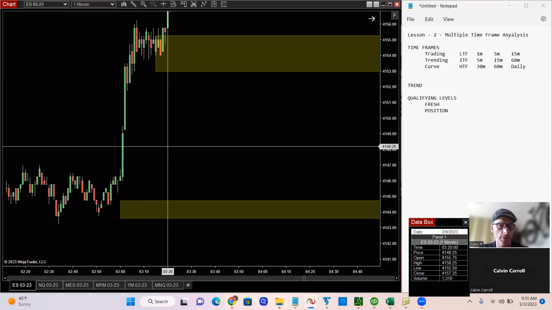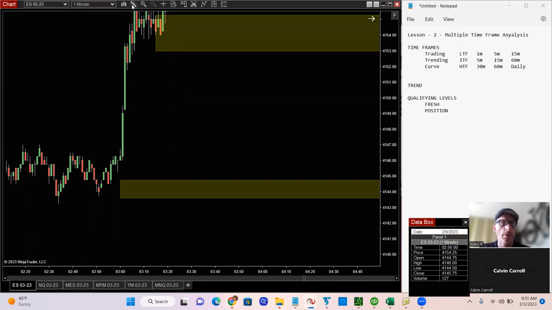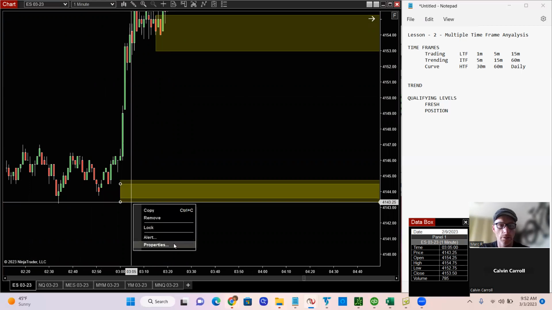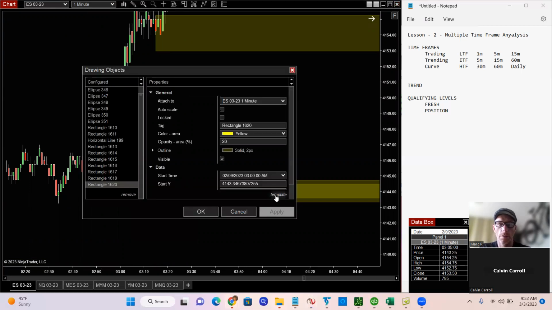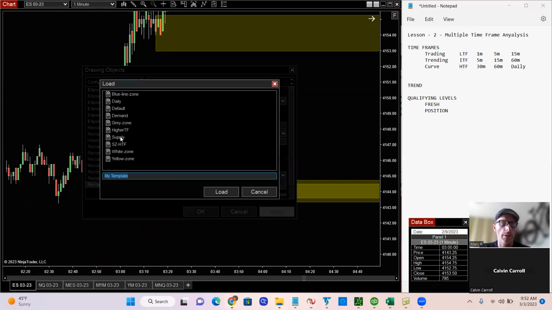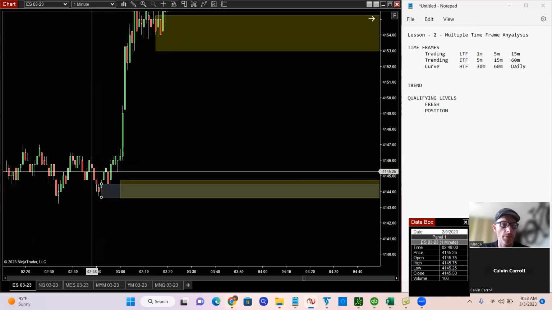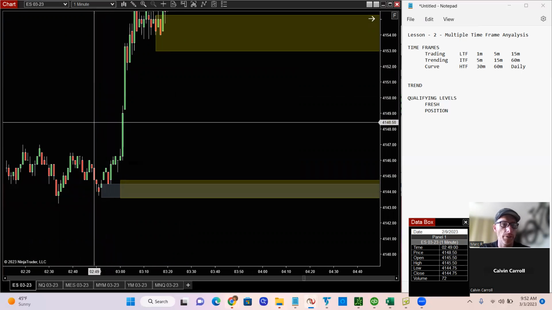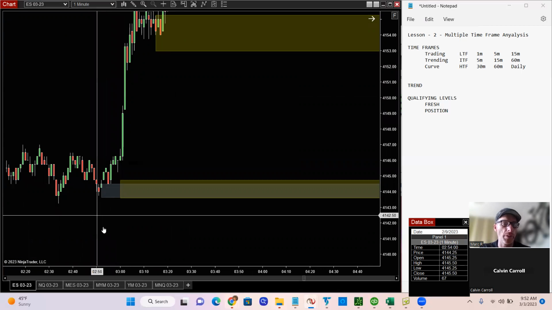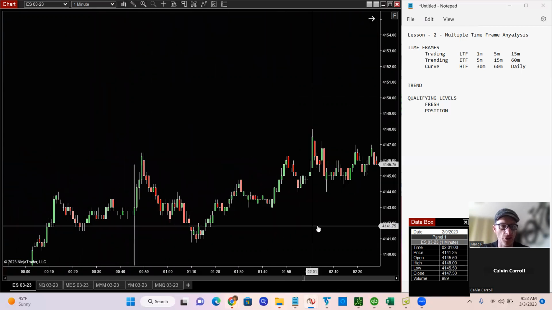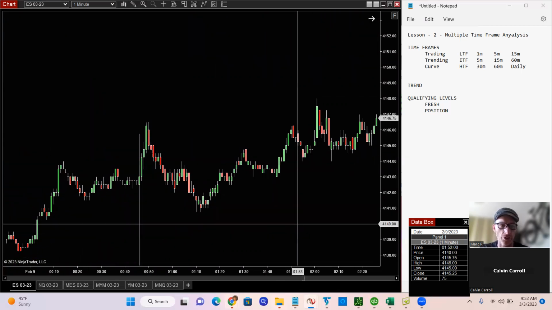Base rally, got a gap there. All right, last one. This is a drop base rally right here. Now it has already been hit. So again, the freshness of levels is another discussion.